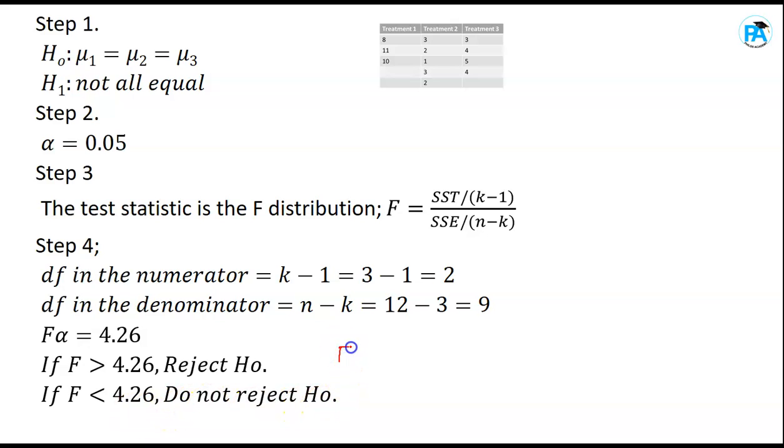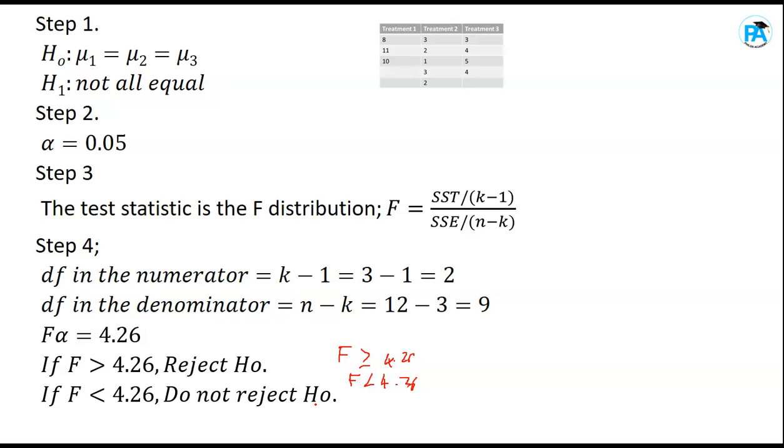Some people write it as if F is greater than or equal to 4.26, reject H0, and if F is less than 4.26, you do not reject H0. You can also write the decision rule like this, but I just choose to write this. If F is greater than 4.26, reject the null hypothesis H0. But if F is less than 4.26, which is the critical value of F, you do not reject the null hypothesis H0. Are you following?